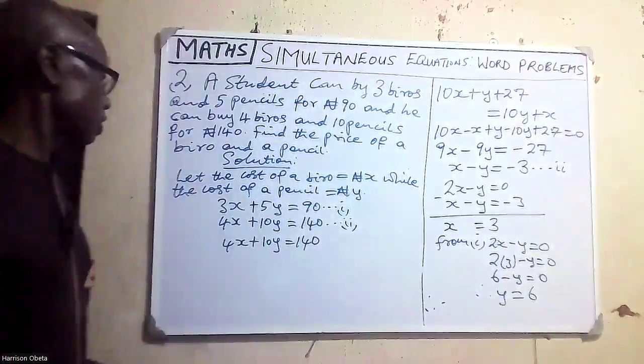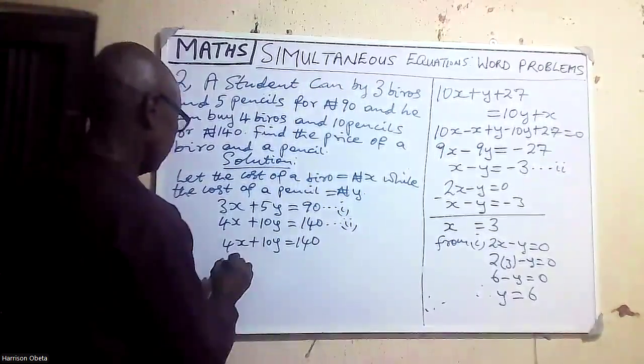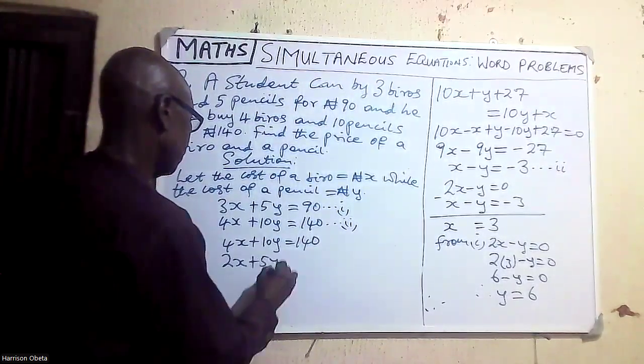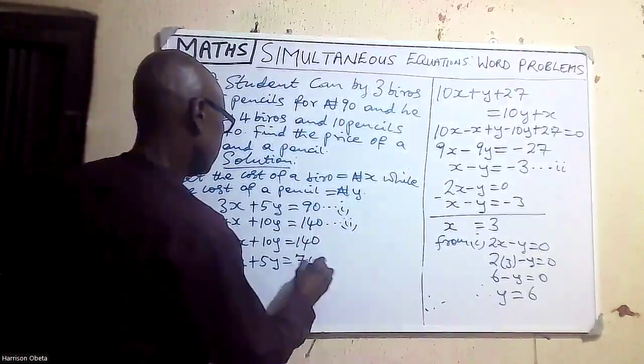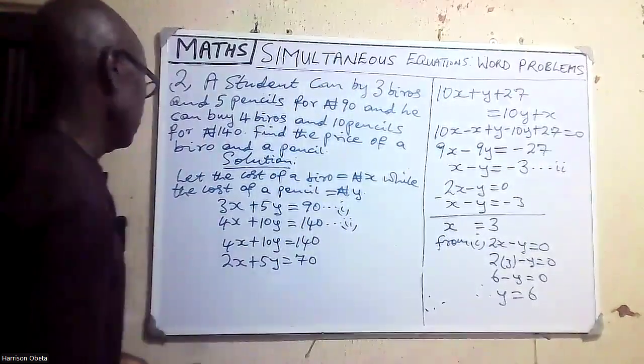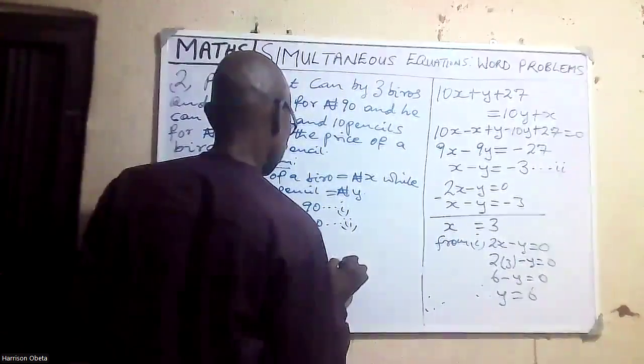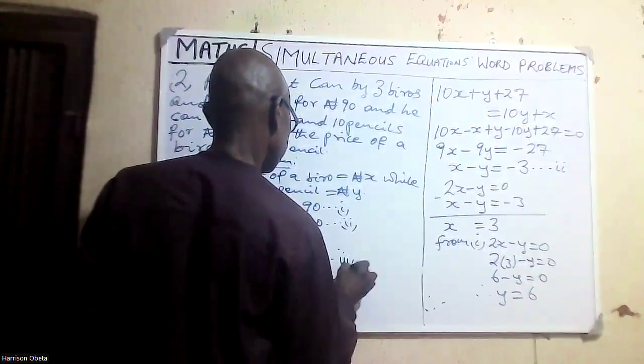If you divide through by 2, that will give us 2x plus 5y equal to 70. So we can now take this as equation 3.